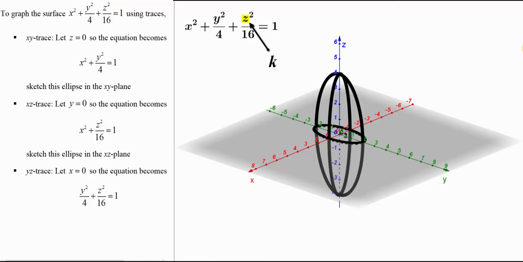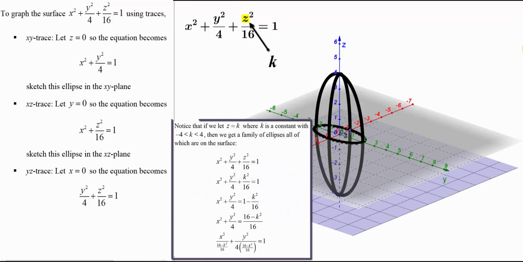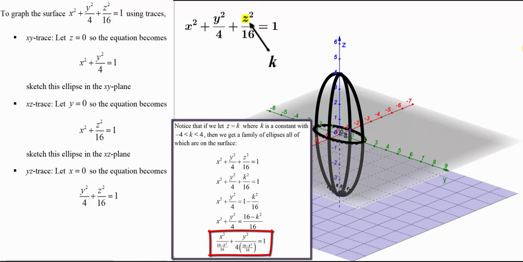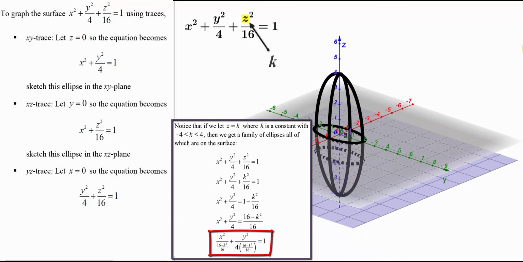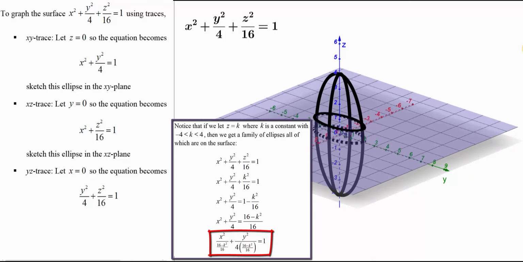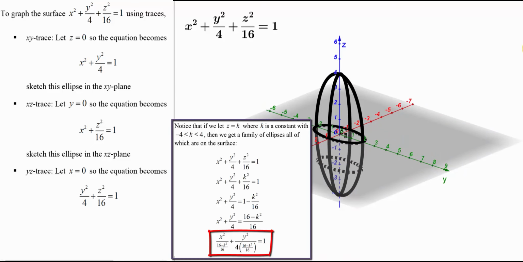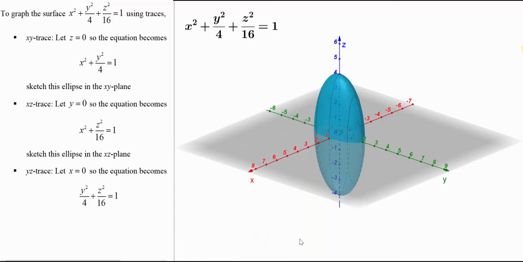When we do this and simplify the resulting equation, we end up with an equation that looks like this. You'll notice this is a family of ellipses as k increases from -4 to 4. All of these ellipses are on our surface, generating a surface that looks like this. This is called an ellipsoid.